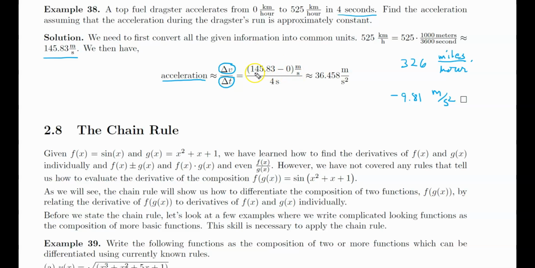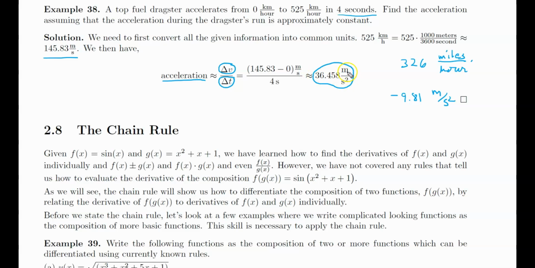And after 4 seconds it is traveling 145.83 meters per second. So the difference between those is, of course, 145.83 divided by 4 seconds, and you get 36.458 meters per second squared. So that's the acceleration, assuming that it's constant, during that 4-second run.